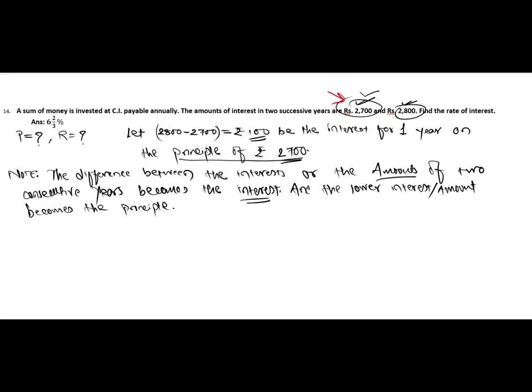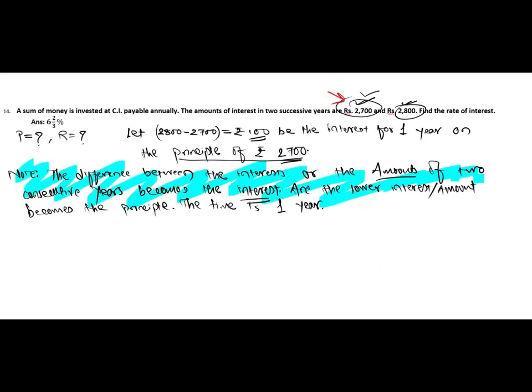Because it is the lower interest out of the two consecutive interests, right? And the time is taken as 1 year. So this is a special note for all of you. You may note it down. Very, very important.